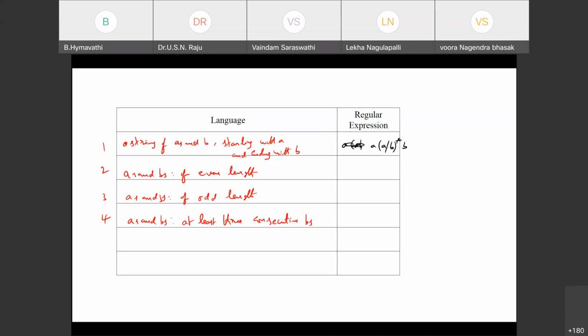Starting with A and ending with B, and it can have any number of A's and B's in between. So this is exactly equal to A followed by (A plus B) whole star B. Both are correct. Or can I write it like this? A followed by (B plus A) whole star B.